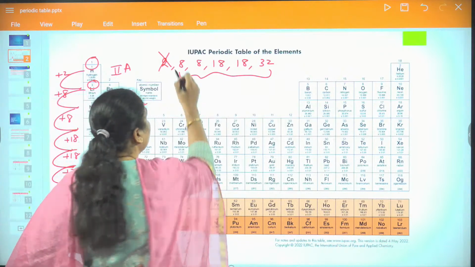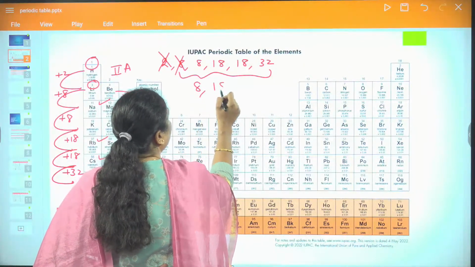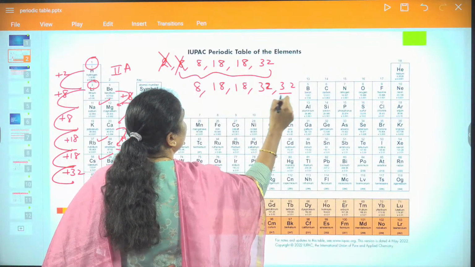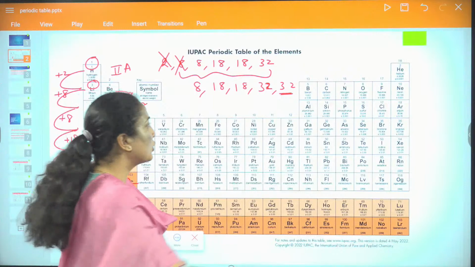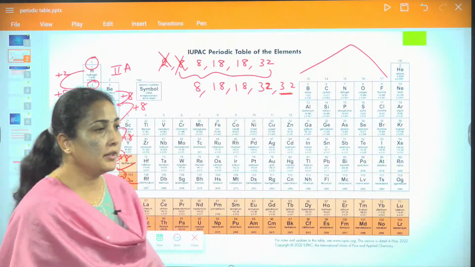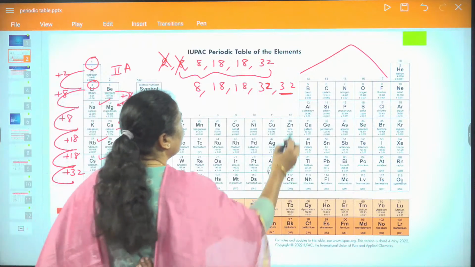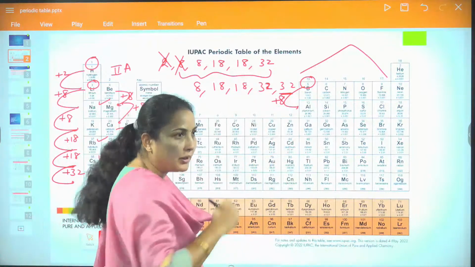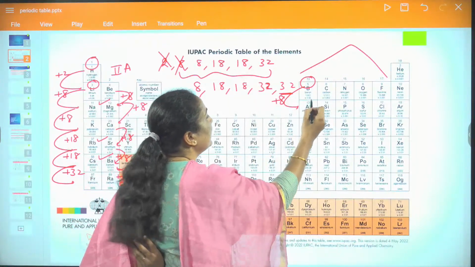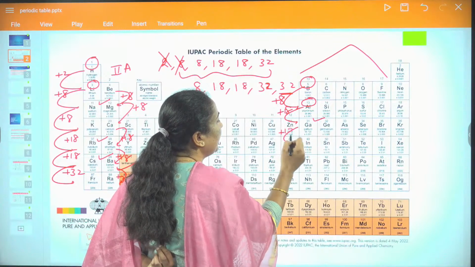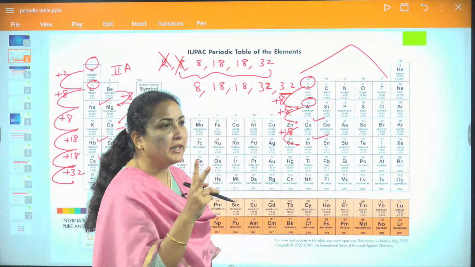Now for P block, you again cut one more. And when you are cutting 1, 8, bring here 32 extra. And that story follows from boron to fluorine family. Now here, you see 5. 5 plus 8, 1 time 8 you have to add. That is basically 13. 13 plus 18, which is 31. 31 plus 18, which is 49. 2 times 18 done.